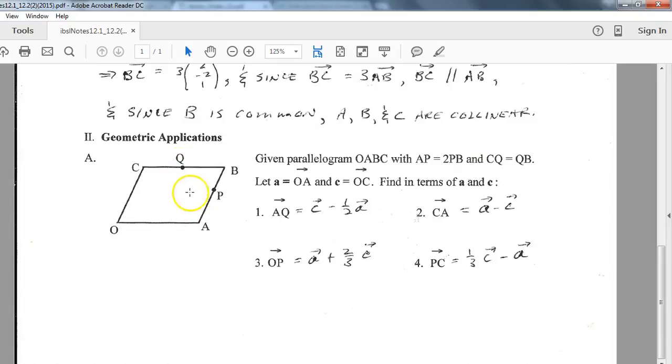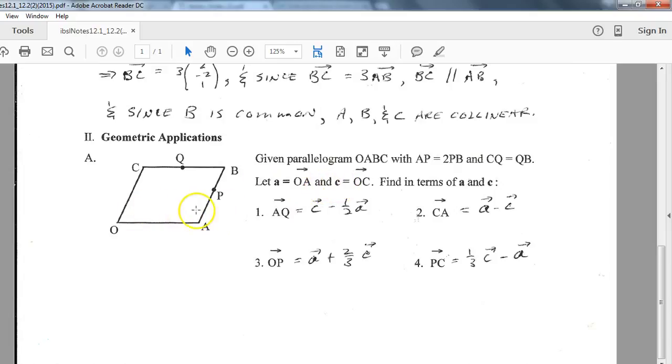If I want to go from here to here, what path would I have to travel on? Well, we would go from A to B to Q to get there. So remember things like AB plus BQ is equal to AQ. And so I just now have to put that in terms of vector A and vector C.